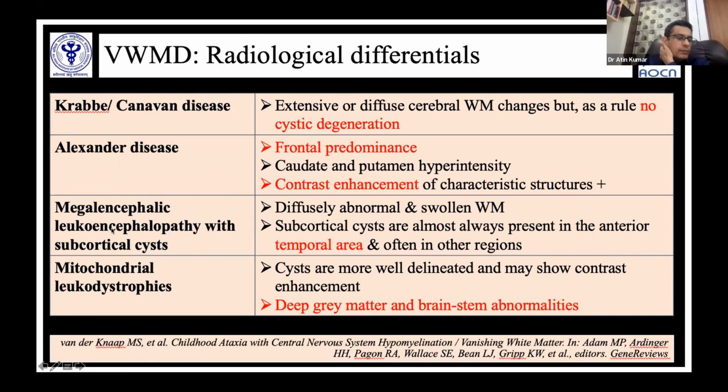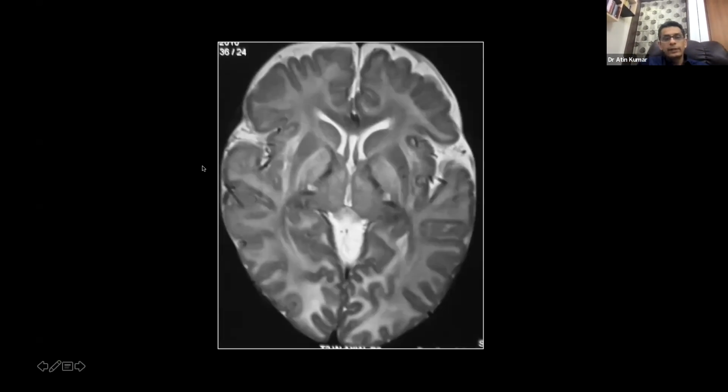What I was also talking about was this specific basal ganglia pattern of involvement in Canavan's. When you see a specific involvement of globus pallidus and thalamus, besides the diffuse white matter abnormality, this is highly specific for Canavan's.